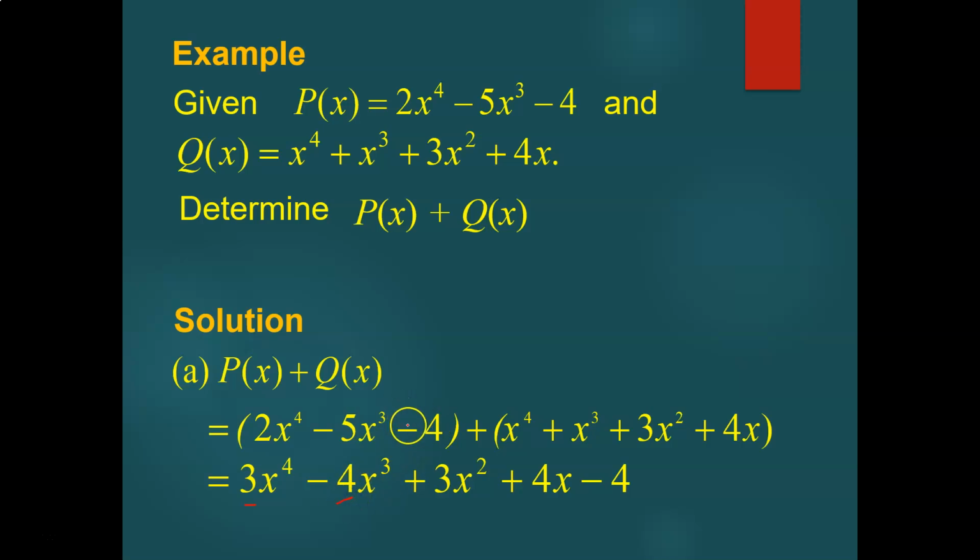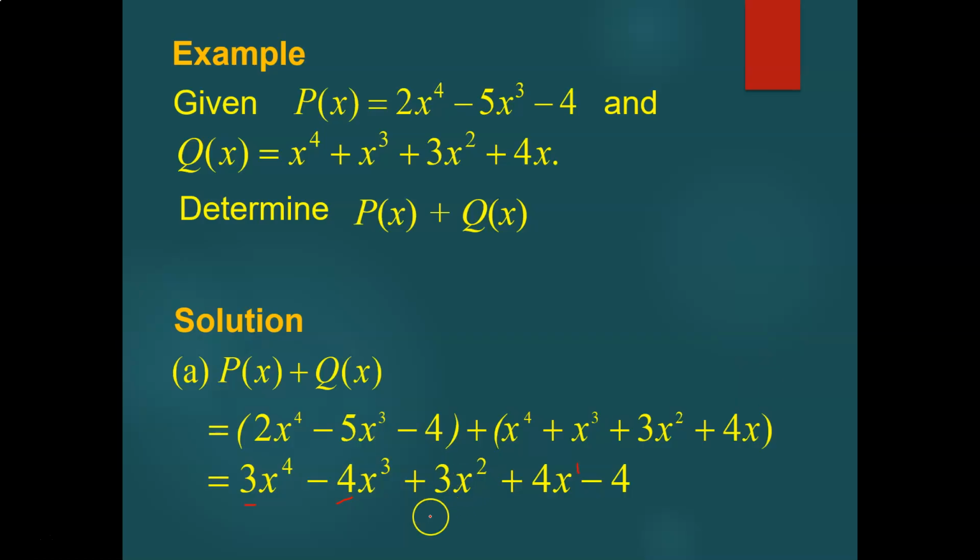And how about kuasa 2? So okay, kita tengok, kita susun dia. We arrange the sequence from the highest to the lowest power. Okay, for example, you have 4, 3. Jangan lompat terus ikut 4. Cari dulu. 4, 3, 2, 1 to the power of 1 and then the constant. Okay, so you arrange it from the highest to the lowest.